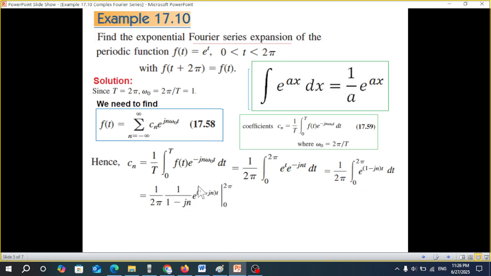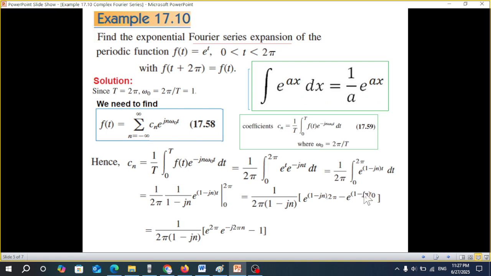Okay, so this is what we have done. 1 over a, e raised to the power the value, and the limit is from 0 to 2 pi from here, and this was already there, 1 over 2 pi. Now combining these two and then putting in the value of t in this, we get these two terms.